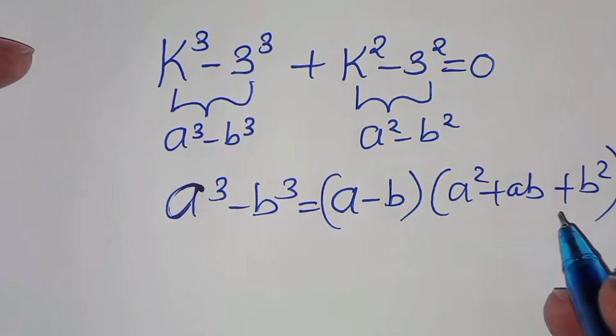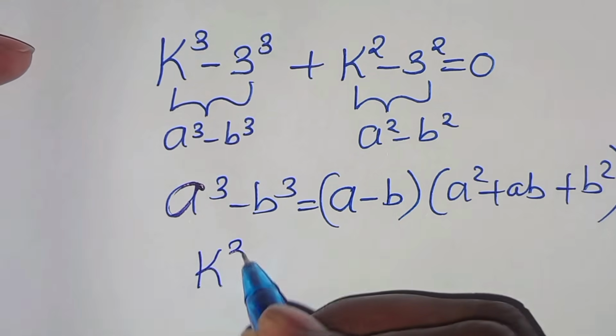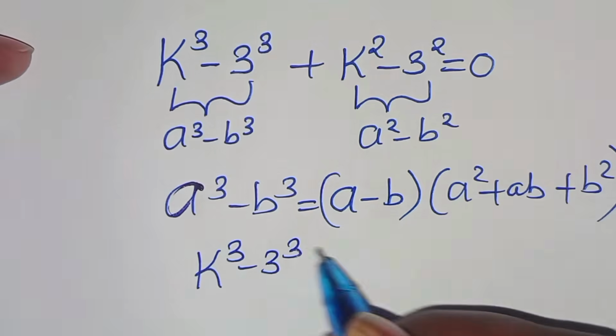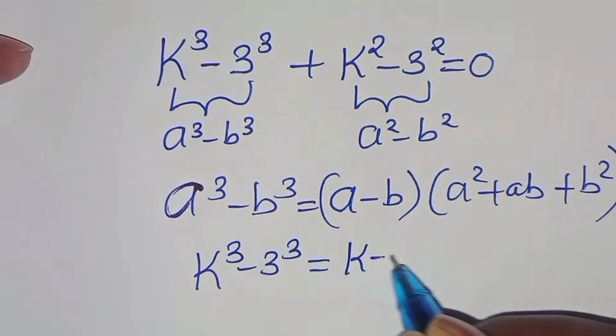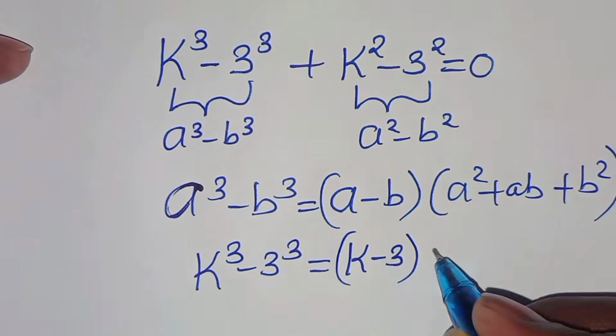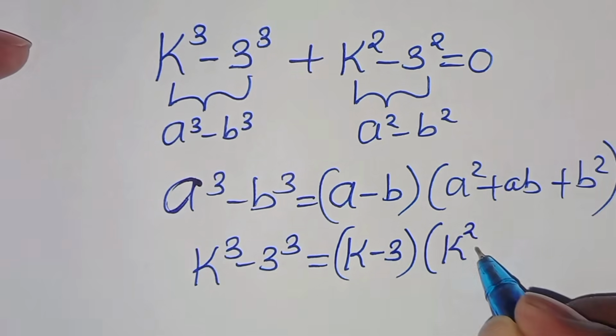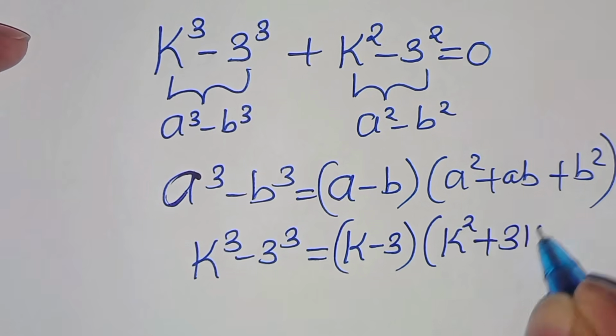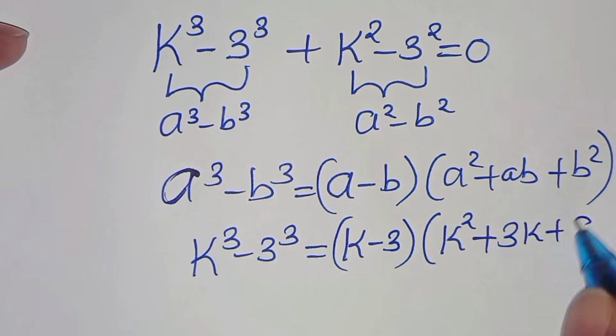Applying this identity, we have k to the power of 3 minus 3 to the power of 3. This is the same thing as k subtract 3, k squared plus 3k, then plus 3 squared. This is equal to 9.